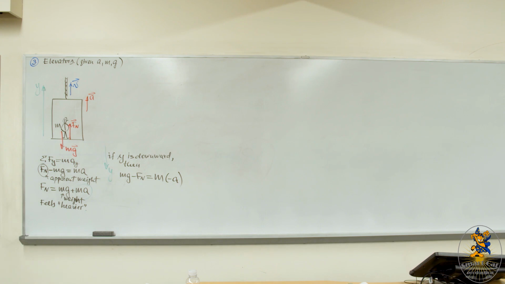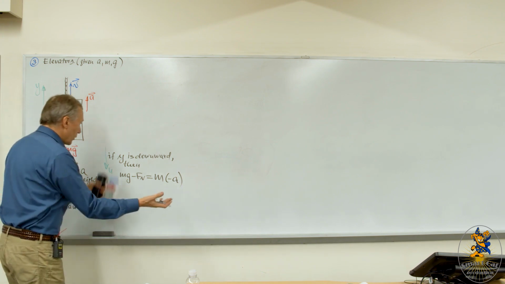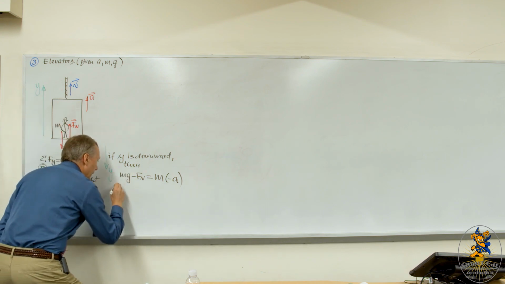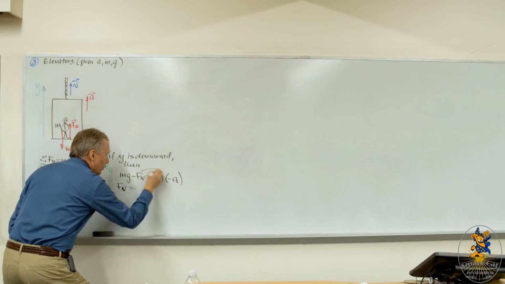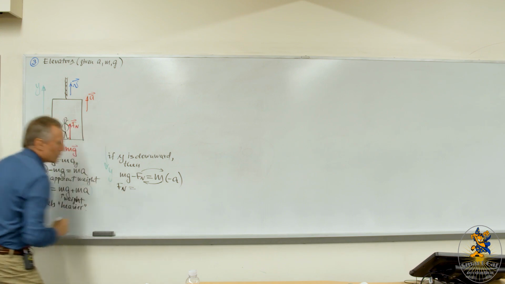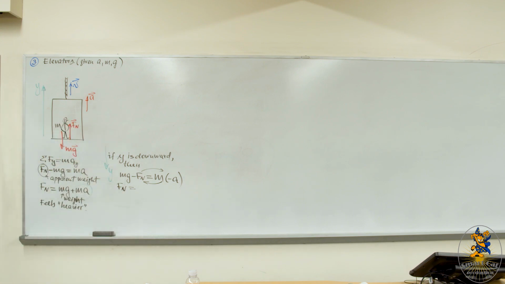And that's why we usually choose the coordinate system, y-axis, in the direction of acceleration. Because usually students develop a strong habit of writing proper, correct signs next to the forces, but they don't very often pay attention to the acceleration. As a result, chances that you're going to make a mistake will go up significantly. And so now let's just solve it for Fn. This term will go to this side, of course signs will be changed.